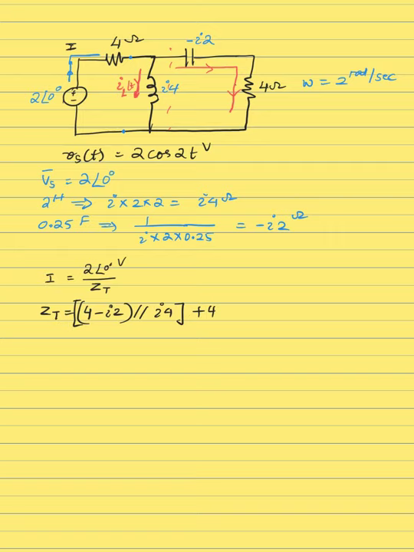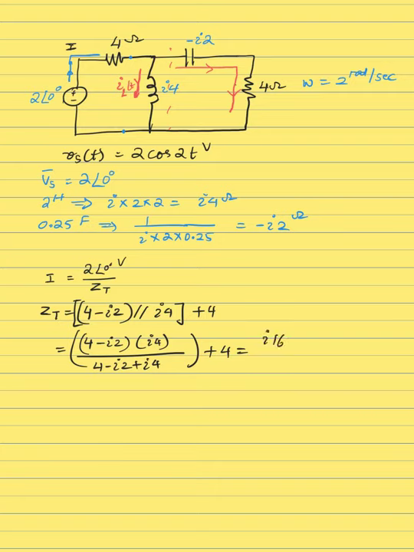So 4 minus j2 in parallel to j4 will be Z1 times Z2 divided by Z1 plus Z2, plus 4 only.